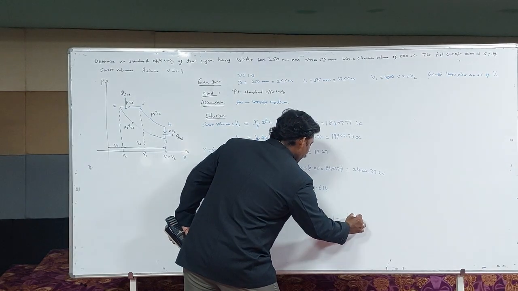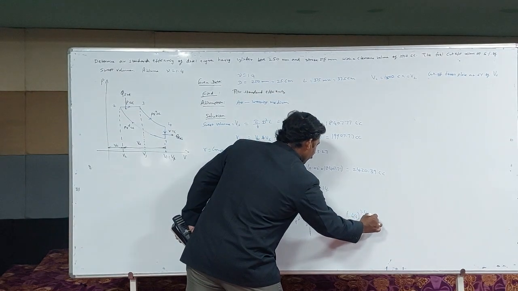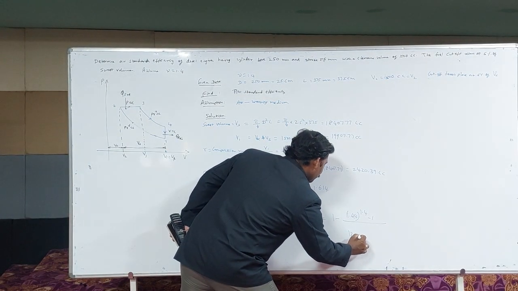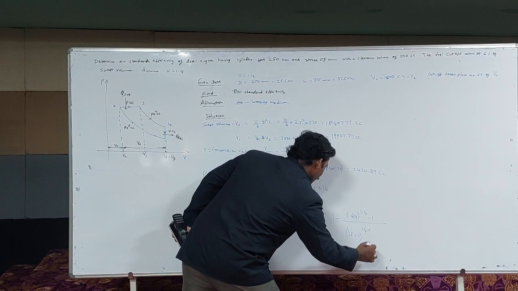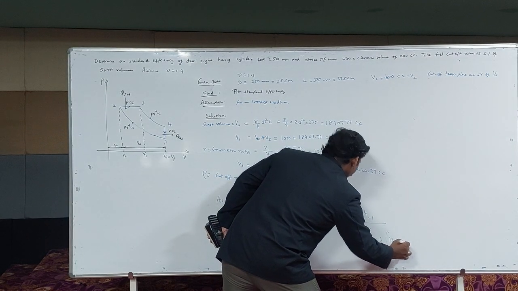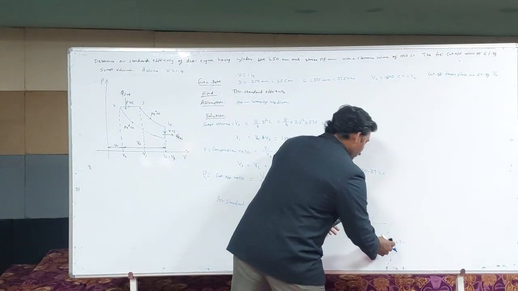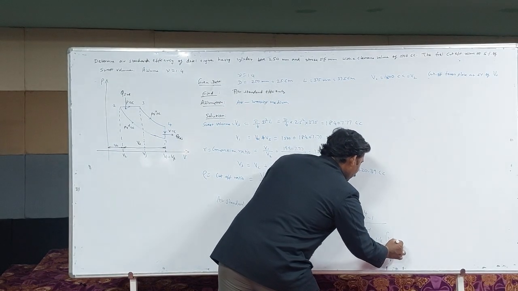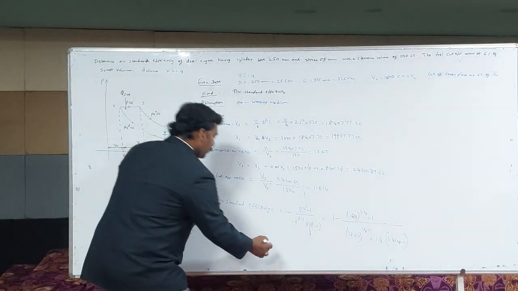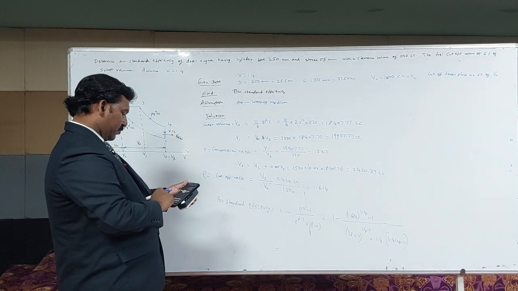So 1.614 power 1.4 minus 1 divided by 13.27 power 1.4 minus 1 into 1.4 into 1.614 minus 1.